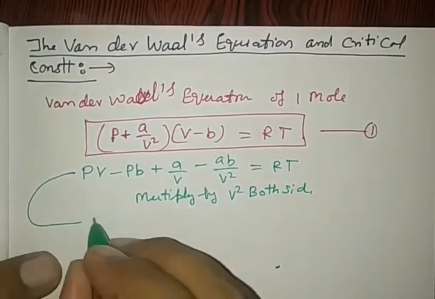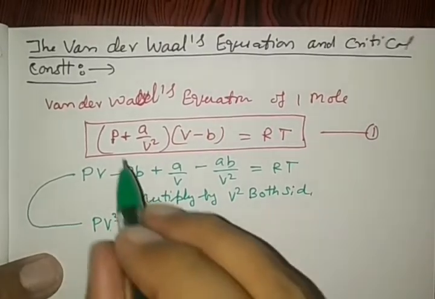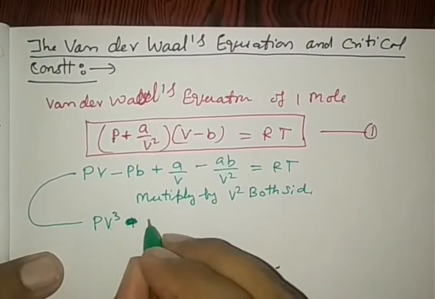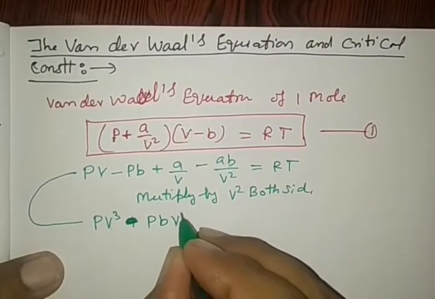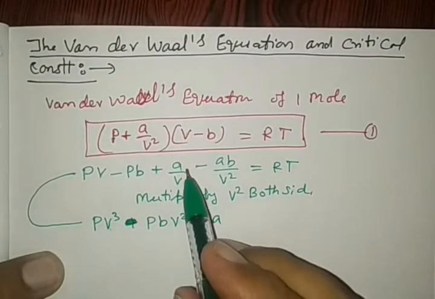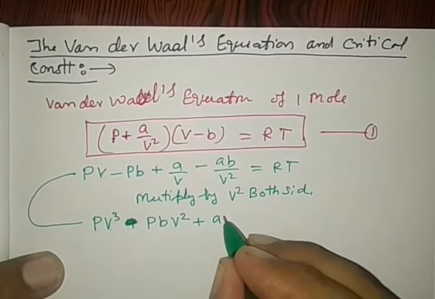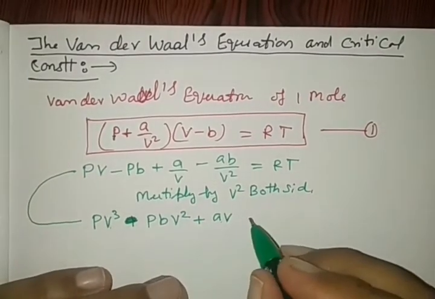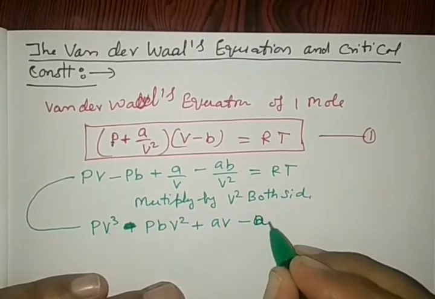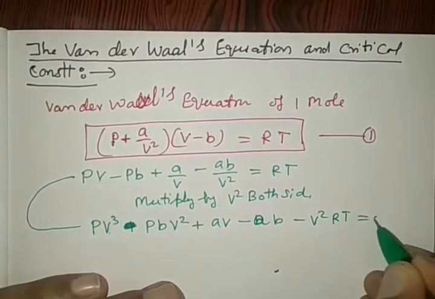After multiplying, it becomes PV³ minus PbV² plus aV minus ab minus V²RT is equal to 0.